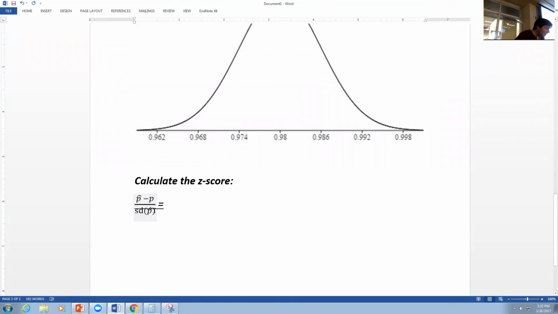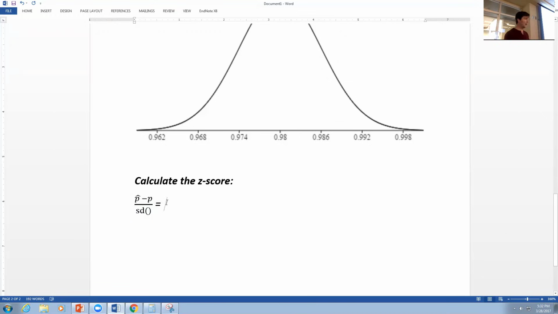Oh, it has to be something down here at the bottom, doesn't it? Oh, I'm underlining. There we go. That was weird. I didn't know I hit that.